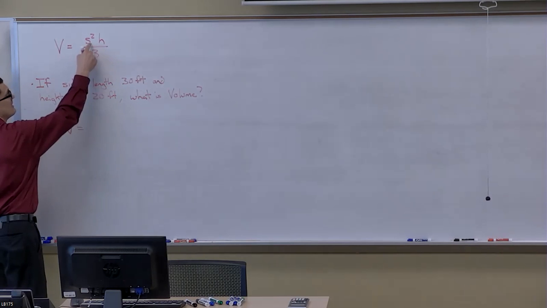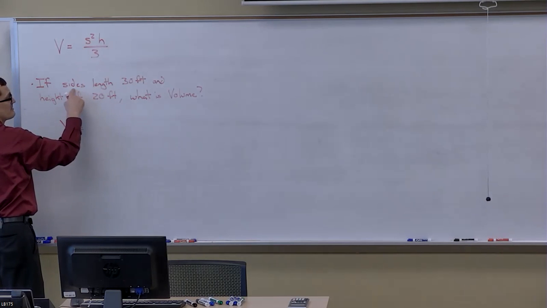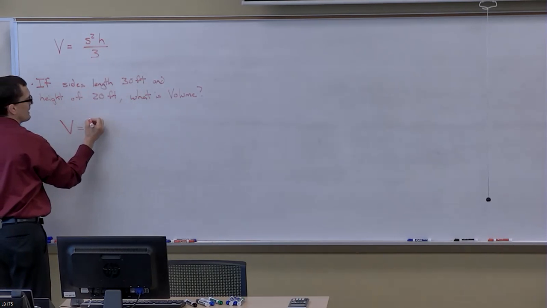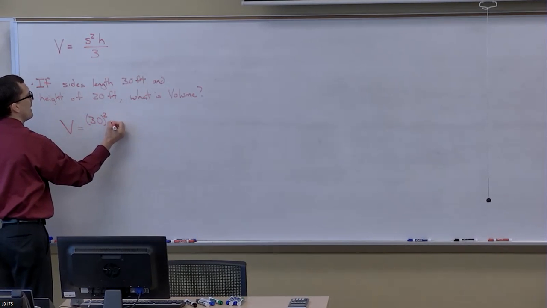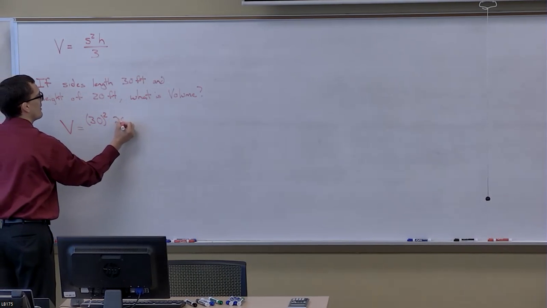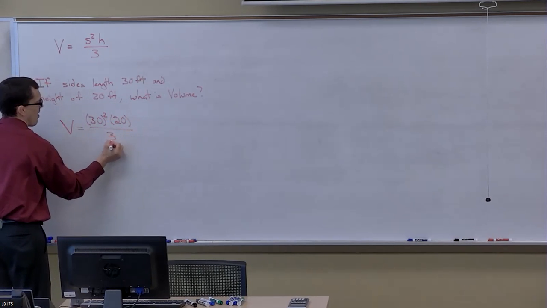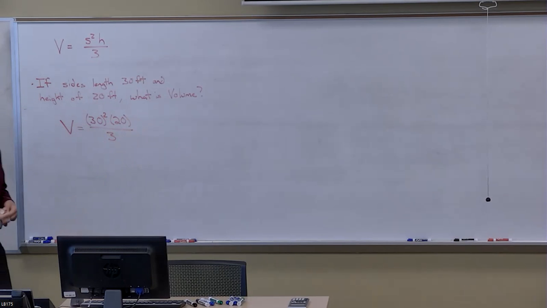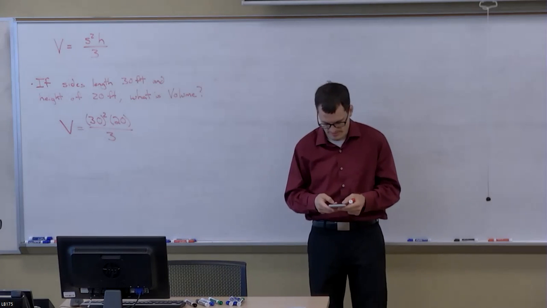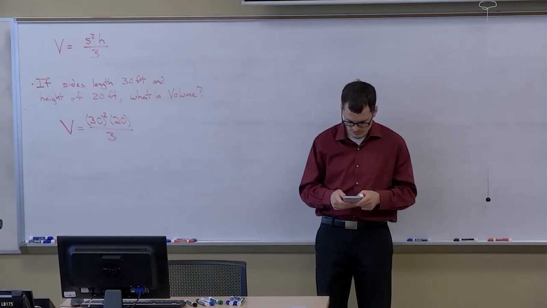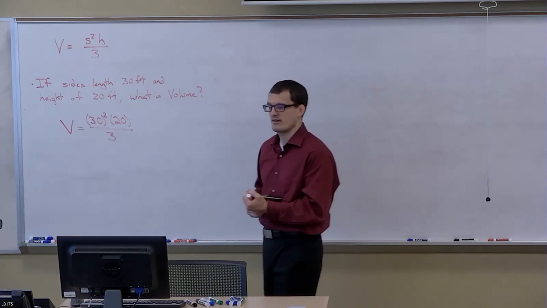In this case, since we're dealing with side lengths of 30, the 30 goes in for the S. The height of 20, 20 goes in for the H. And then dividing by 3. That's something I can just type into my calculator. So I grab my calculator and I put 30 squared times 20 and then divide by 3. I get 6,000.